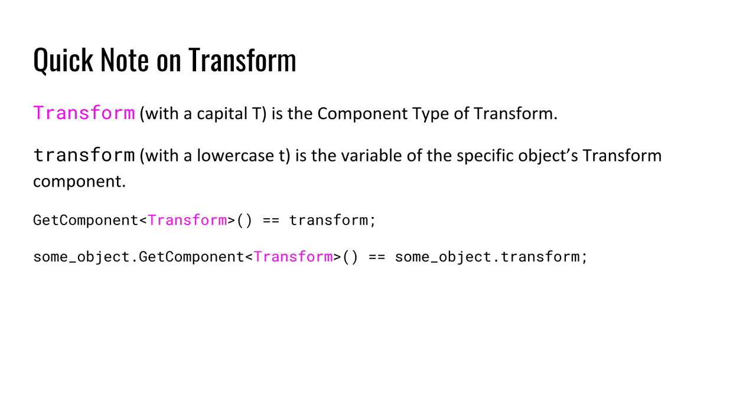And that's just your local object's thing. So these two things are equivalent. GetComponent Transform is the same thing as lowercase transform. Some object's transform is the same thing as its GetComponent Transform. We're usually just going to be using the variable, which is lowercase. The uppercase is just for the type.